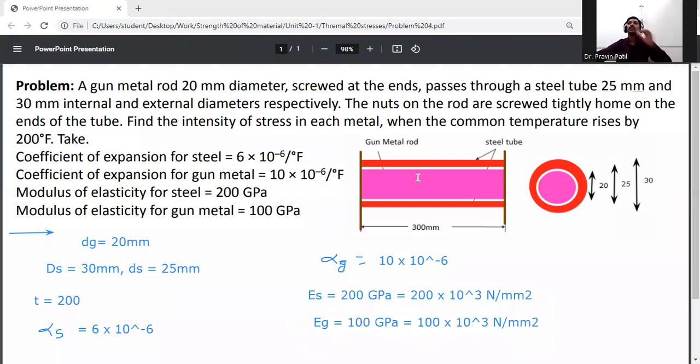And find out the cross-sectional area of gunmetal.